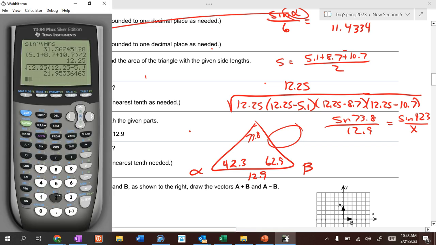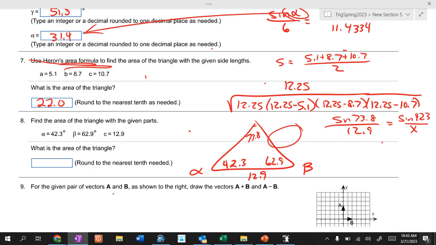So 12.9 times sine of 42.3 divided by the sine of 73.8 is 9.04. Then we use side angle side here. 1/2 of 9.0 times 12.9 times the sine of 62.9.